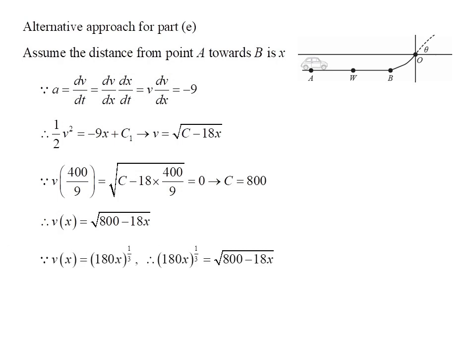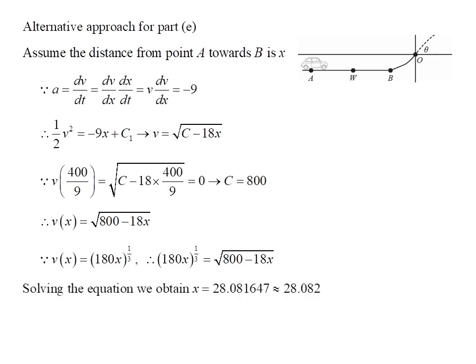Since we have already known that v of x equals (180s) to the power of 1/3, this can be equated to square root of 800 minus 18x.